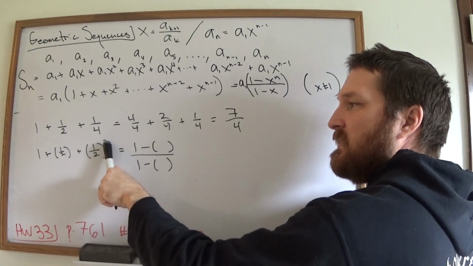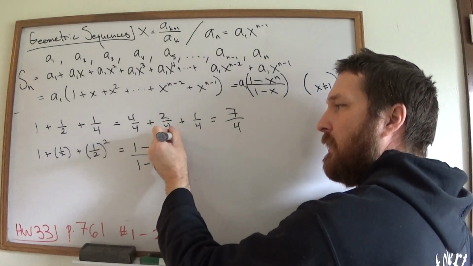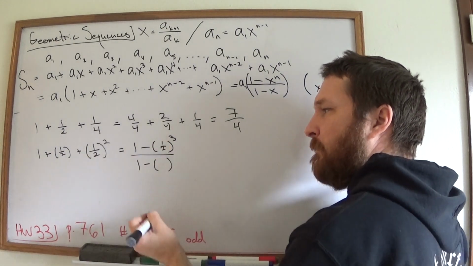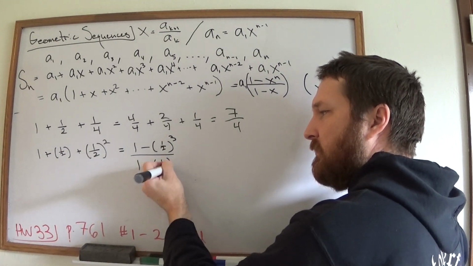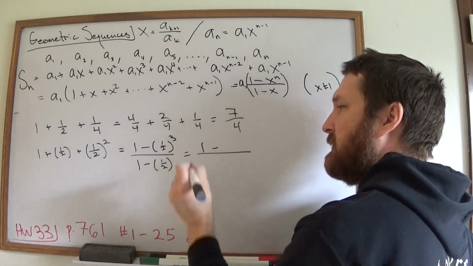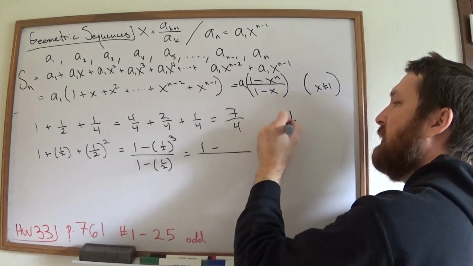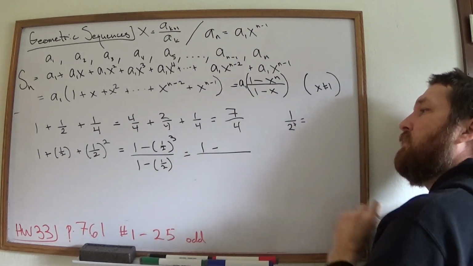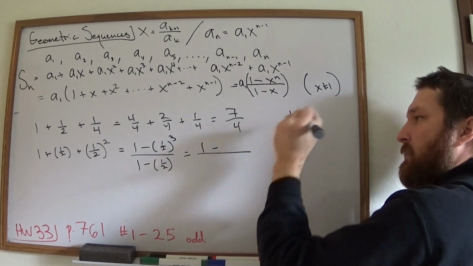And then since that's a 2, this needs to be 1 power higher. Should be 3. What goes in there? Well, it's a 1/2. So let's just compute that. 1 minus 1/2 cubed is the same thing as 1/2 times a half times a half, or 1 over 2 cubed, which is 1/8.